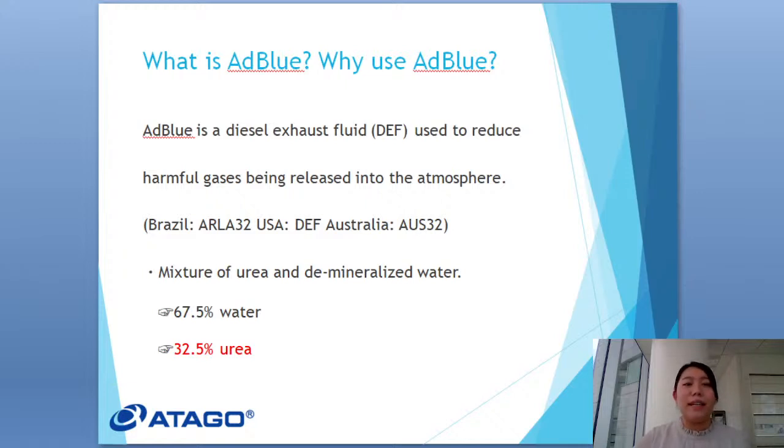AdBlue is a diesel exhaust fluid used to reduce harmful gases being released into the atmosphere. Here in the brackets, these are the names known as the same thing as AdBlue too. AdBlue is made of 67.5% water and 32.5% urea. And what we want to focus on is the 32.5% urea.